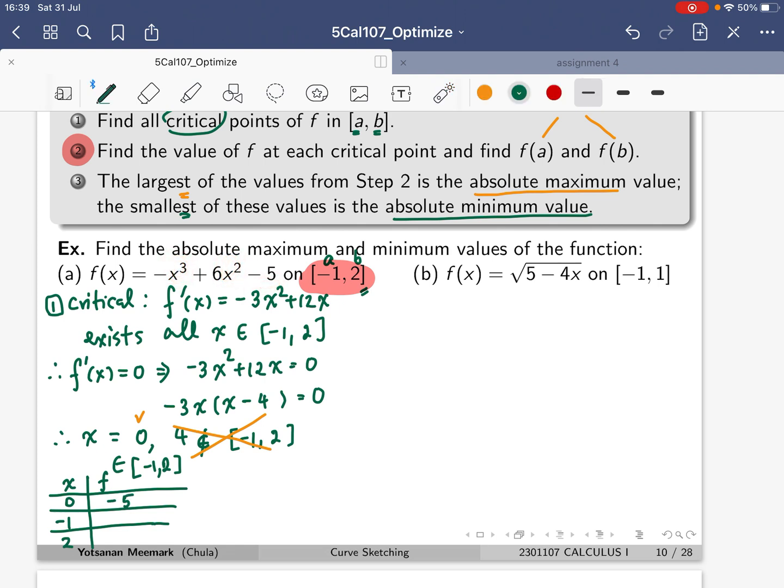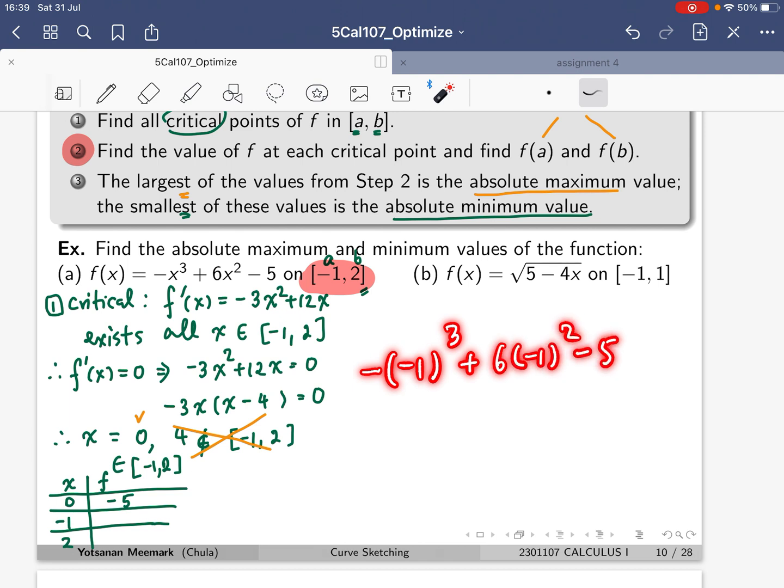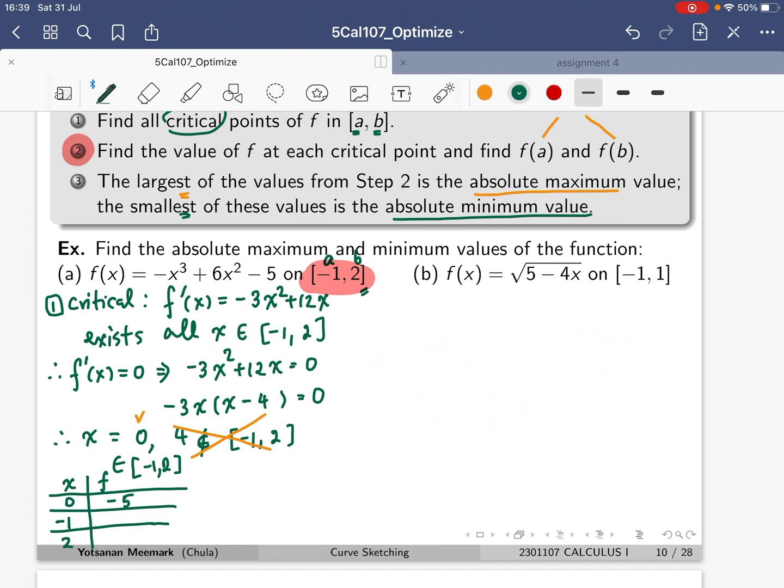For the next one, if your x is negative 1, here is negative of negative 1 cubed, and then 6 times negative 1 squared, minus 5. So you have 1, and then 6, and then minus 5, which is 7 minus 5. So you have 2, right? The function value is 2.